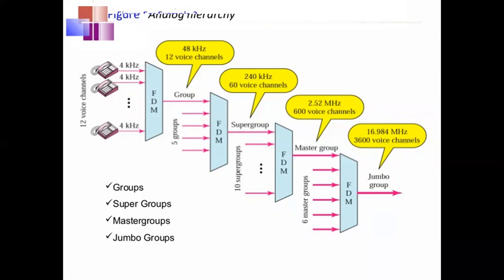Such channels are 12, so 12 into 4, 48 kHz is the output of the first group. We use FDM, frequency multiplexing, for the first group. Each voice channel has a 4 kHz signal, that's why 12 into 4, 48 kHz is the first group.